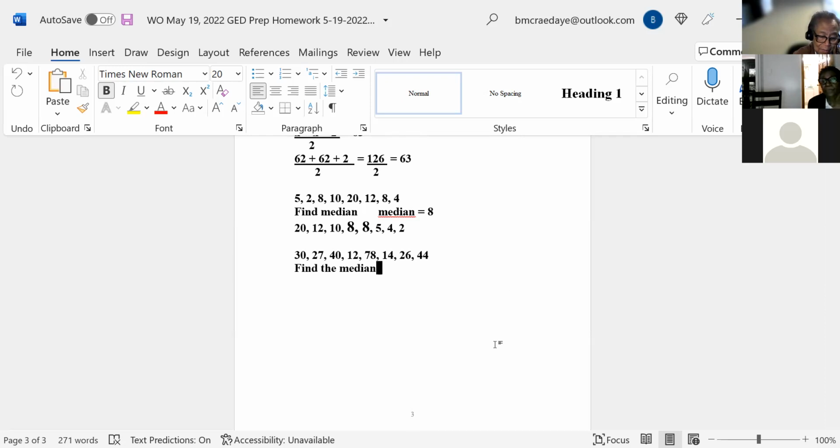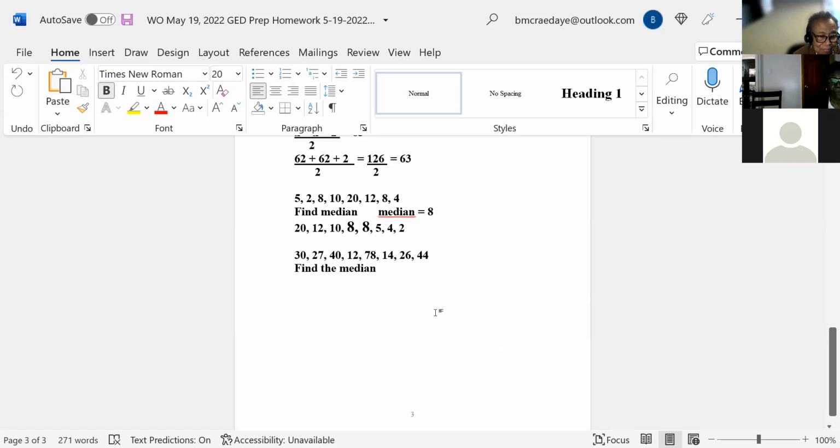That's the same one, Miss Barbara. That's a different one. I gave you a different series of numbers. I want you to find the median. Okay, you want us to work for the median? 2, 4, 6, 8, yes, find the median. I gave you another set of even numbers, because with odd numbers, you just put them in order and there's just one number that sits there in the middle.